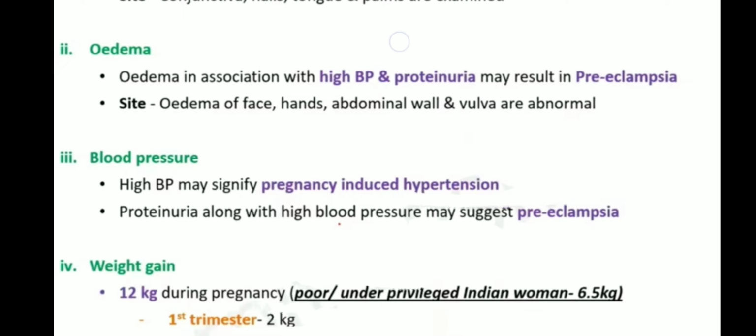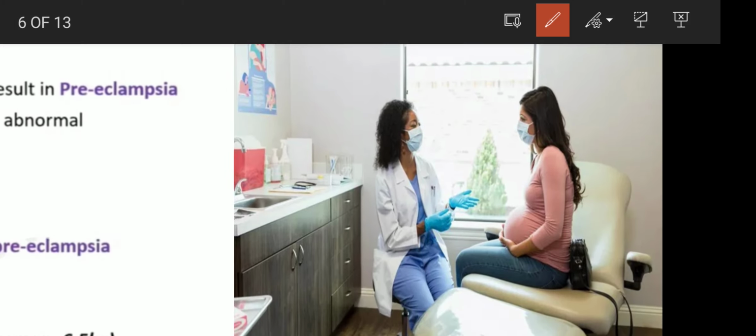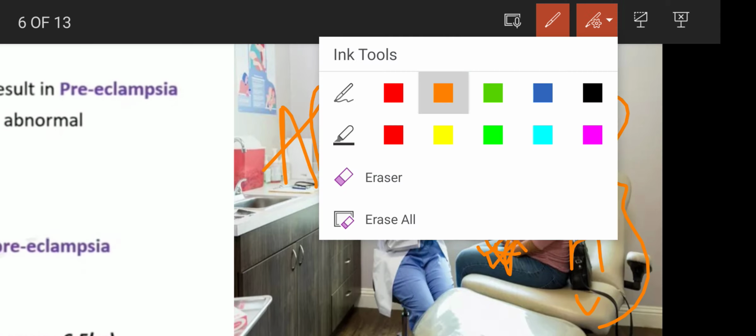So we see edema on the face, hands, abdominal wall, and vulva, it is considered to be abnormal. Okay, always remember it is abnormal when it is on the face, hands, abdomen, and vulva.